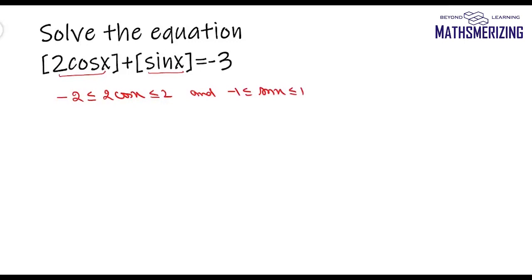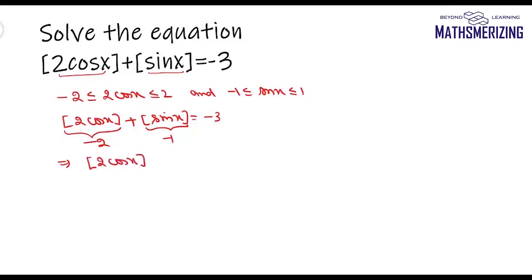So in order to get 2 cos x plus sin x as -3, the only way it is possible is when the greatest integer function of 2 cos x is -2 and the greatest integer function of sin x is -1. So that means the greatest integer function of 2 cos x should be -2, and the greatest integer function of sin x should be -1.